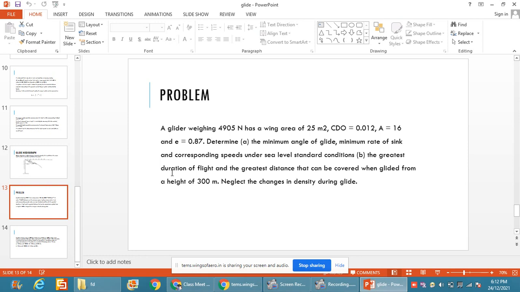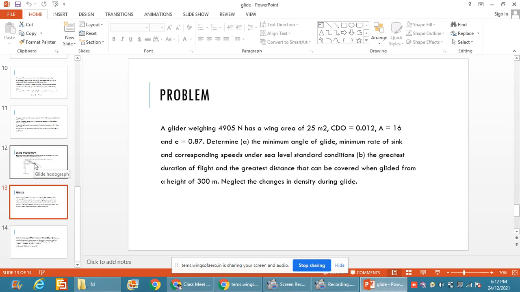Determine the minimum angle of glide, maximum range of rate of sink and corresponding speeds under sea level standard conditions. Greatest duration of flight and the greatest distance that can be covered when glided from a height of 300 meter. Neglect the changes in density during glide.